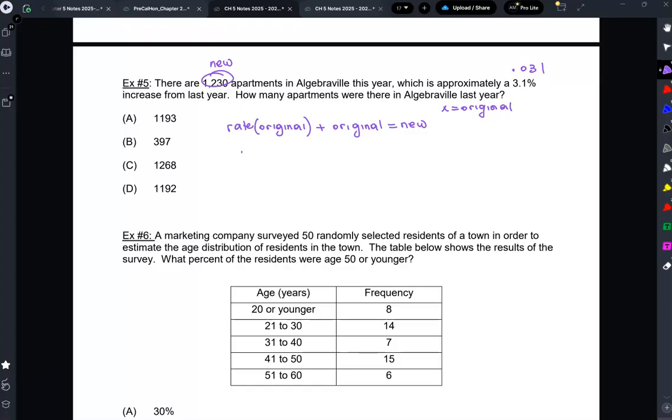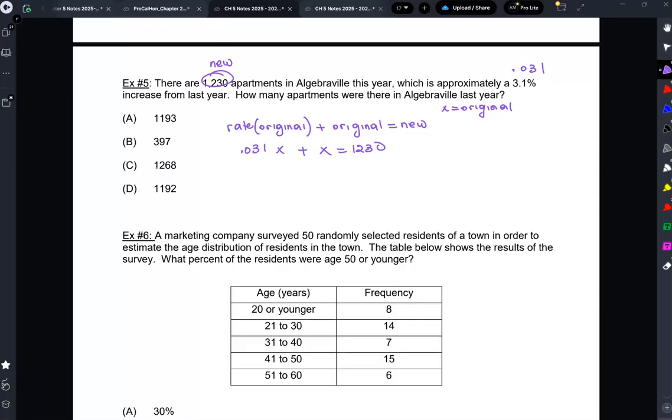So the rate is 0.031. And what do I put in for the original? X plus what? Plus the original X is equal to the new. Now, you have to be able to solve this using algebra equations like this. Okay? So Jacob, you're writing this down?